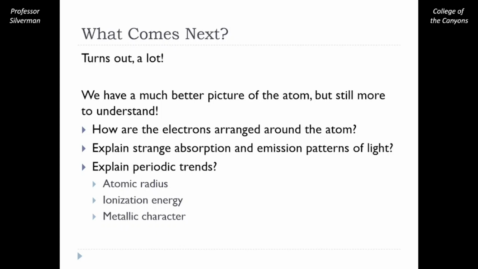Even just thinking about individual atoms, the electron configuration around each atom determines that atom's size, how much energy is required to remove those electrons, and how metallic those atoms might behave.